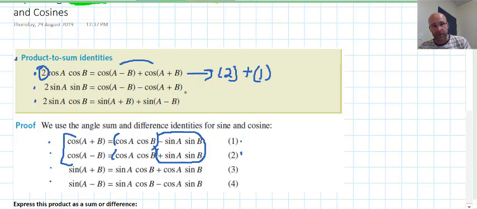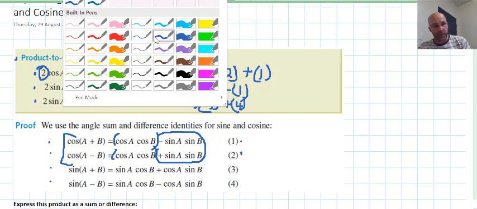The second one here comes from 2 minus 1, we could show, and the third one comes from 3 plus 4. Now these will be on a formula sheet for you if you're in my class, so you don't have to remember them, you just have to understand that they can vary in the way they look.